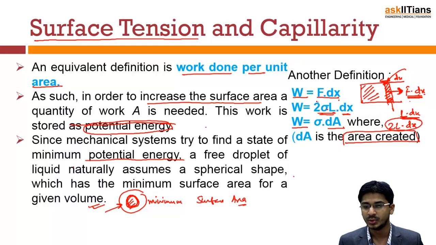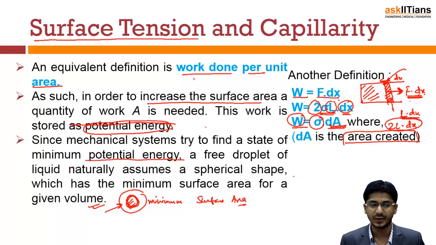Now this 2L dx has been written as dA. This is the area that has been created. So the surface tension sigma is defined as the work done in creating a surface area dA. According to this definition, the work done per unit area is called sigma.